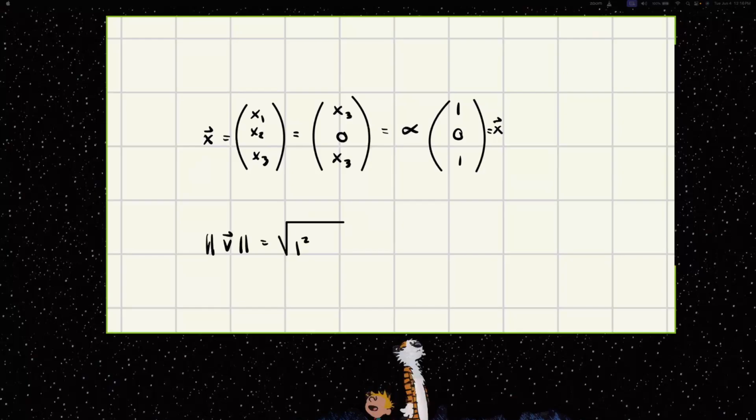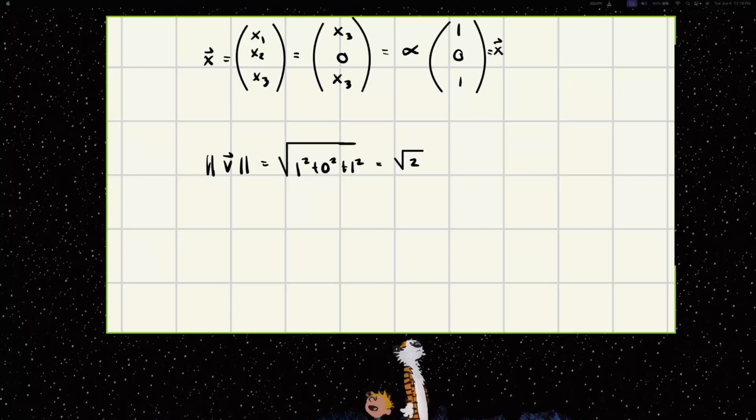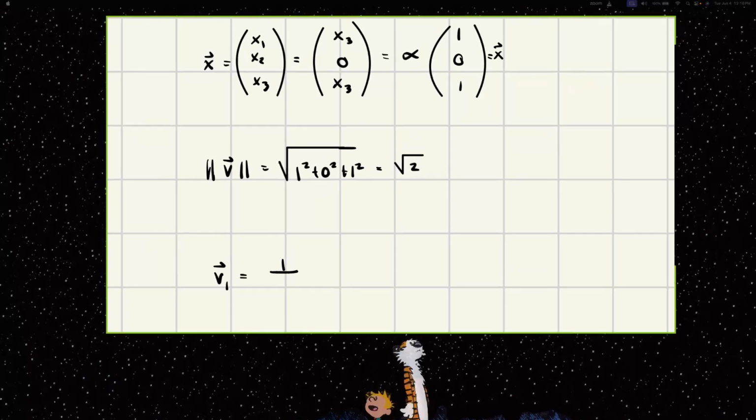So we have 1 squared plus 0 squared plus 1 squared. That simply gives us the square root of 2. Nothing we could do there, that's irrational, so we'll just leave it as the square root of 2. So our normalized vector v1, the first basis vector for our orthogonal matrix V, is our eigenvector 1, 0, 1 divided by this. In other words, it'll be 1 over the square root of 2 times our eigenvector 1, 0, 1. So really we'll just do this multiplication.